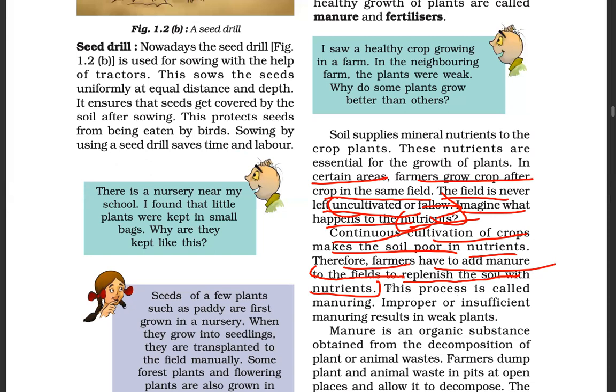Then the manure will be formed. When we add manure to the field to replenish the nutrients in the soil, this process is called manuring. Improper or insufficient manuring results in weak plants.